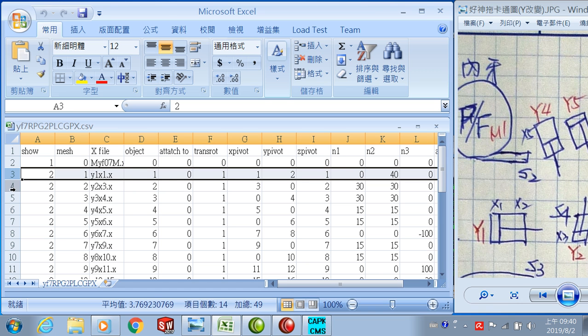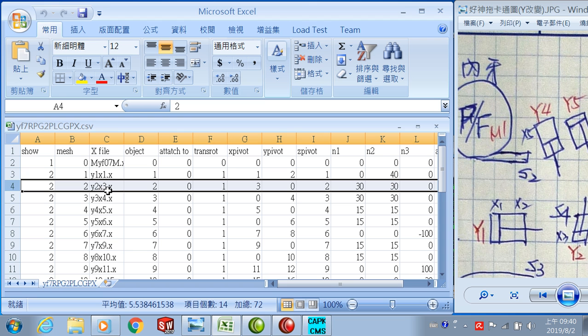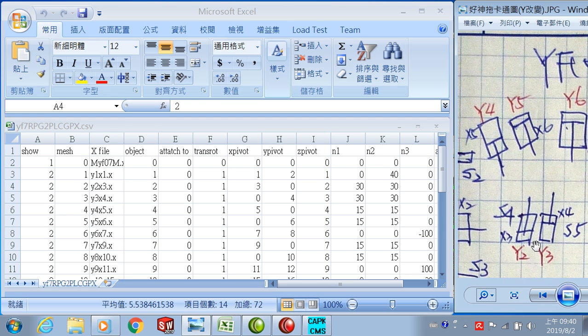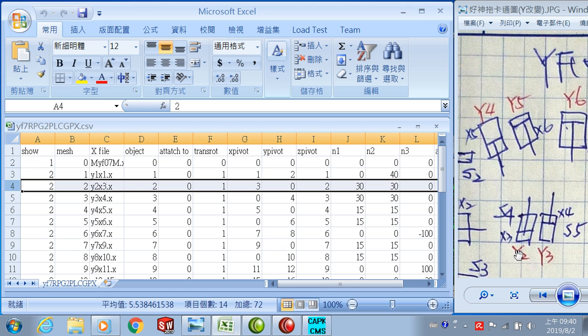Okay, let's see next, Y2 S3. Y2 S3 is this one. The input output definition is input 3 S3 is the lower sensor number.